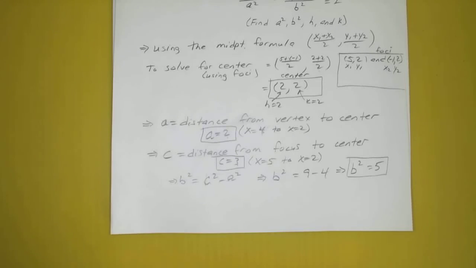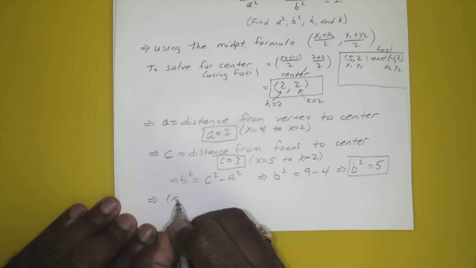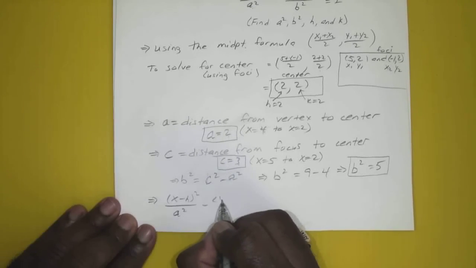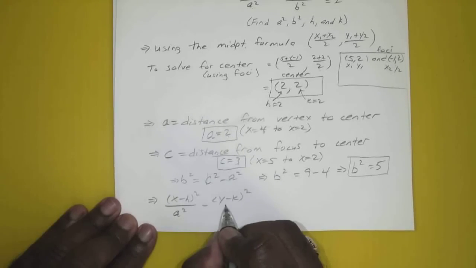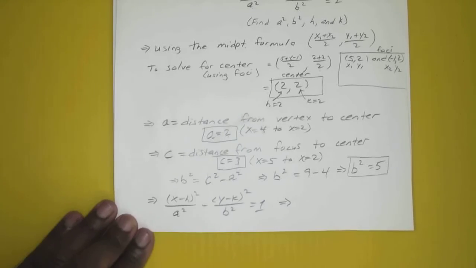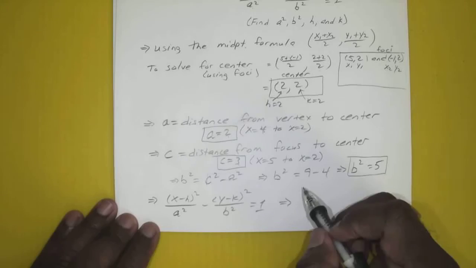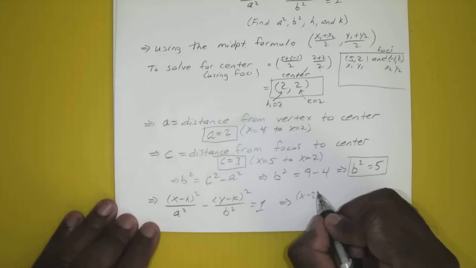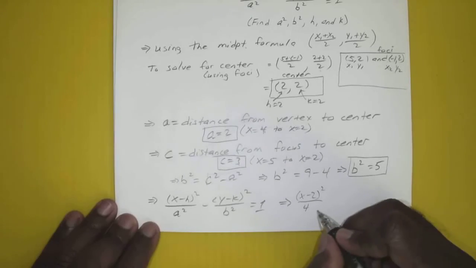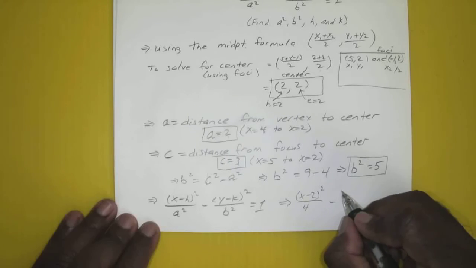Okay, so now if we plug everything into our formula, that means our x minus h squared over a squared minus y minus k squared over b squared equals 1 will just become x minus h. Remember our h is 2. So x minus 2 squared over a squared, which is 4, minus y minus k, so our k is equal to 2.